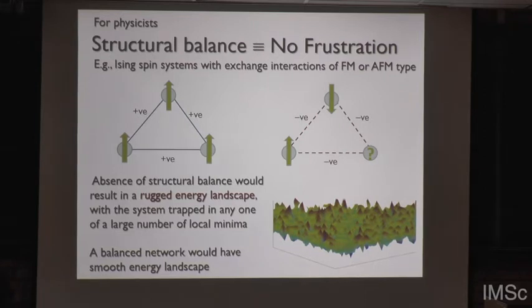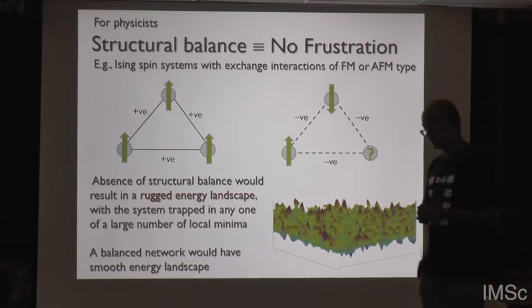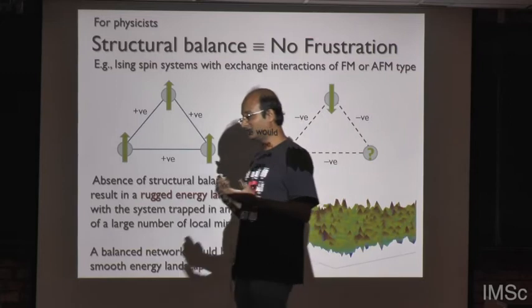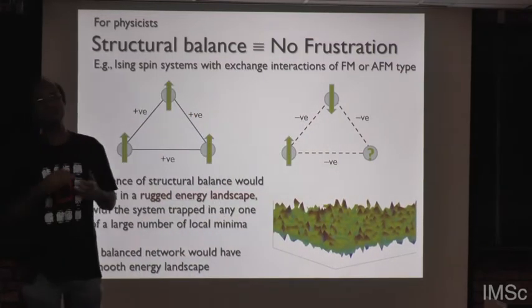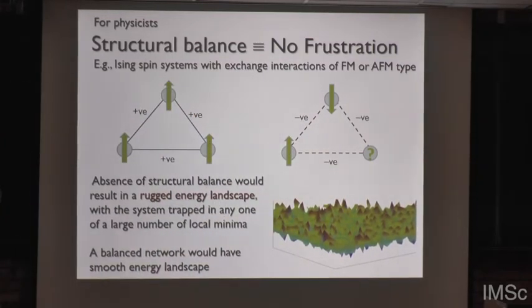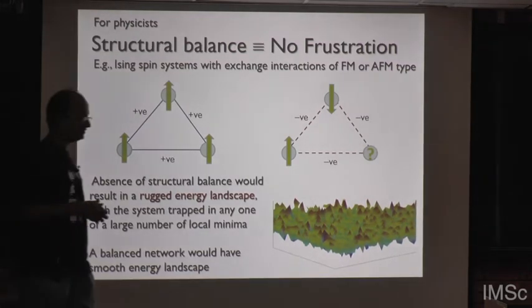So what do I mean by frustration? Consider the workhorse of statistical physics, namely a spin system. If you are not familiar with spin systems, let me just describe it very briefly.